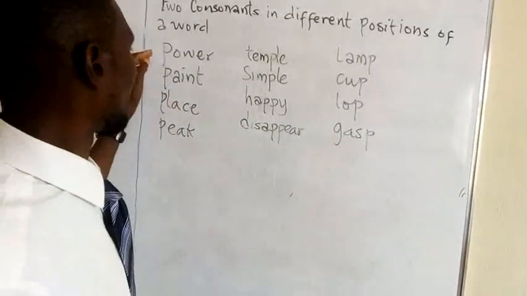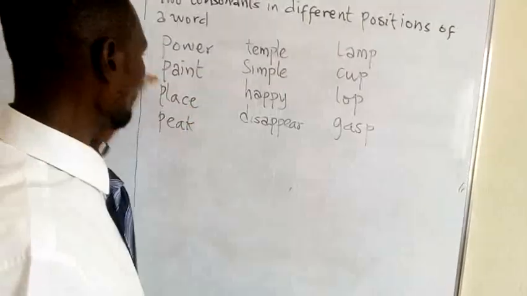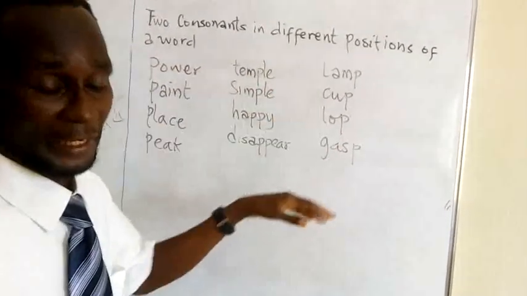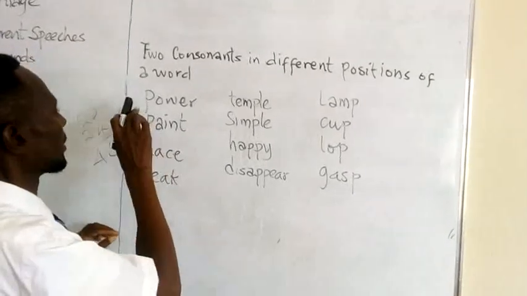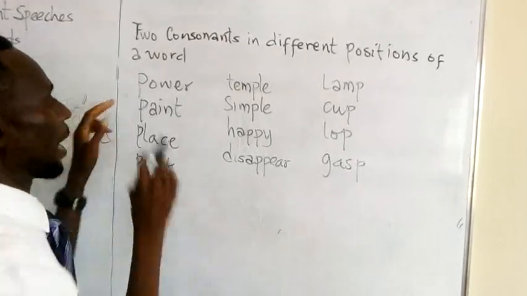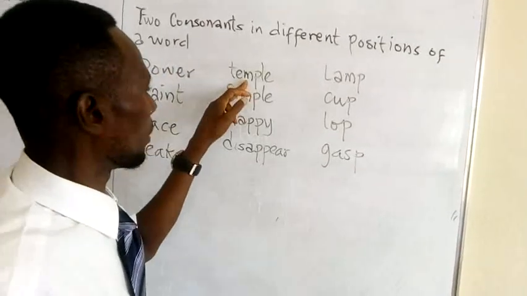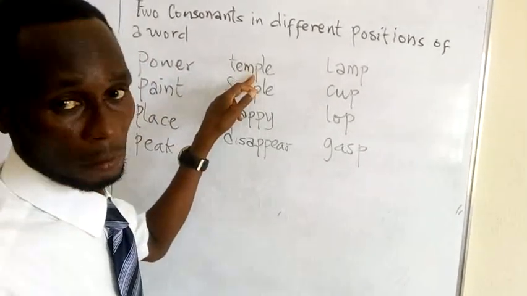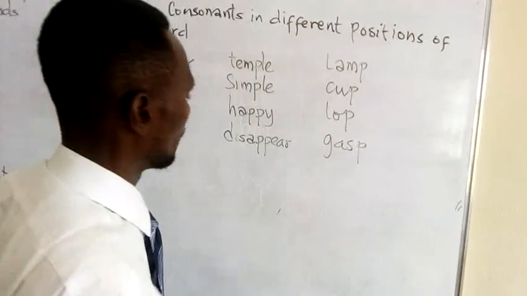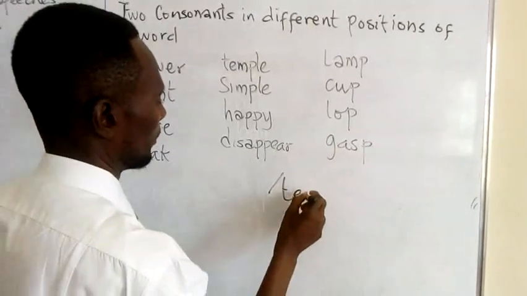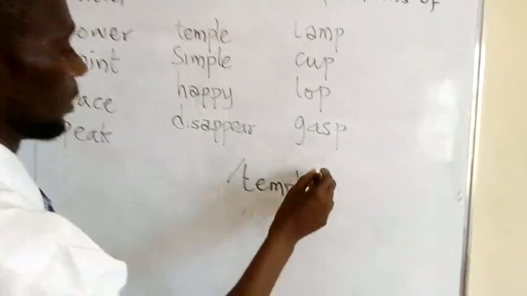So if you look at the designation of this in these examples, you see it is starting a word here, saying power, tempo.